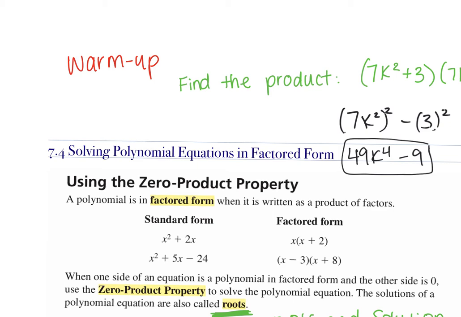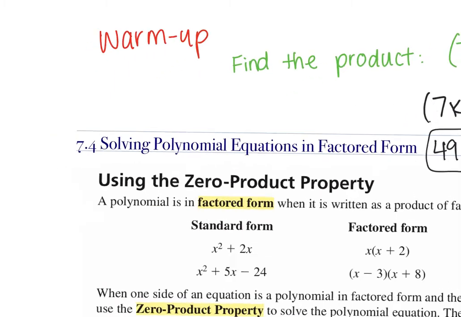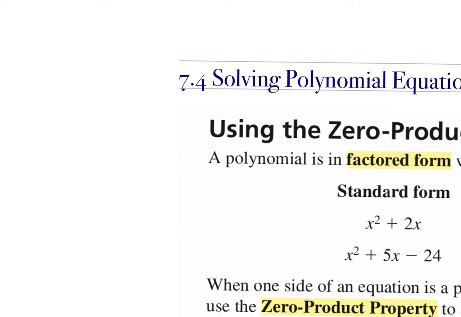It starts off with something called the zero product property. What that property says, and go ahead and write this down on the left side of your page, is if two things are being multiplied by each other and they equal 0, either one of them has to be equal to 0 or both of them have to be equal to 0. Because in order to reach 0 from a product, it has to be like 0 times 5, that would equal 0, or 0 times 7.